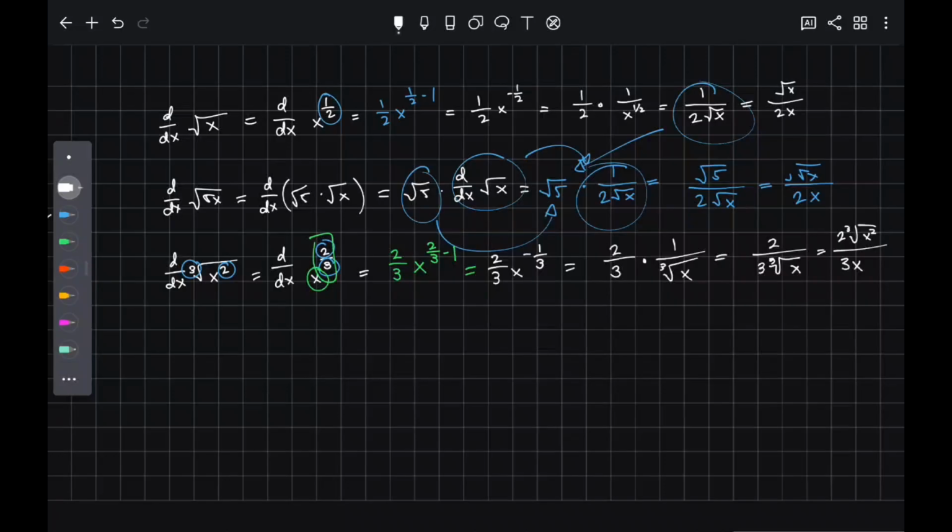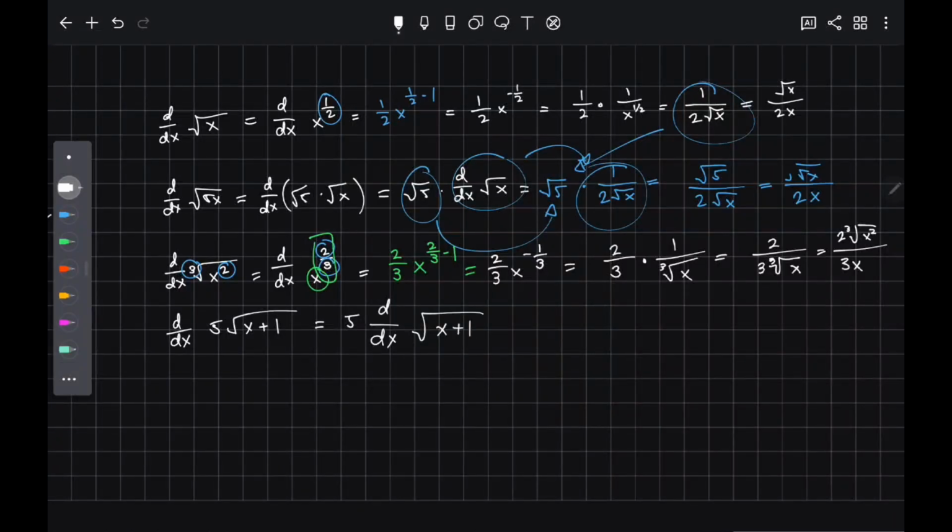How about we differentiate 5 square root of x plus 1. So again, that's just 5 times the derivative of square root of x plus 1.